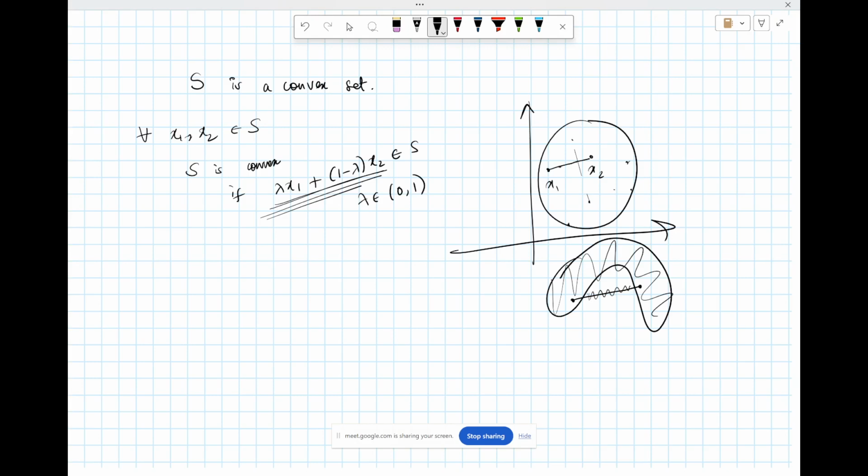Perfect. So that is the basic idea of convex sets. Okay, sir, got it.